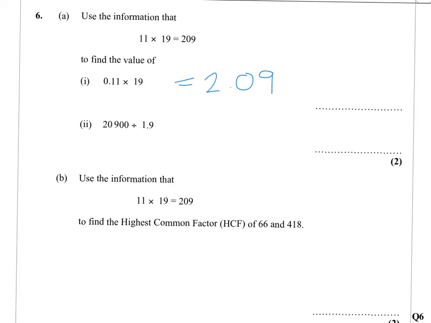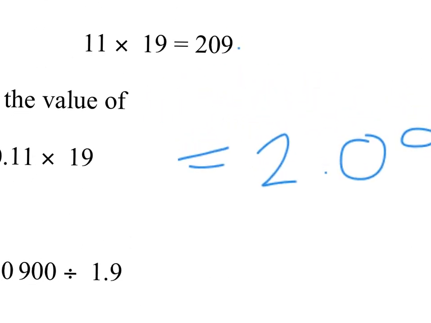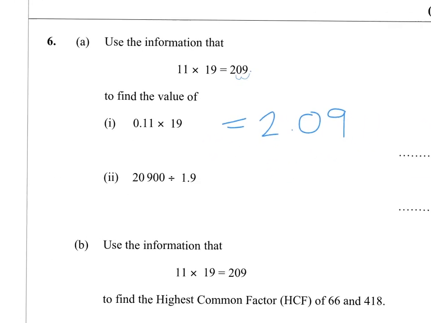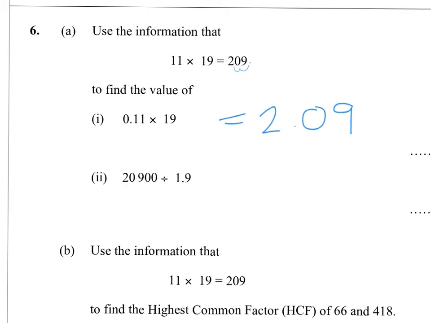Okay, so if you want a quick way of getting 100 times smaller, remember decimal points at the end. The decimal point would go there if it was 100 times smaller. So 2.09.